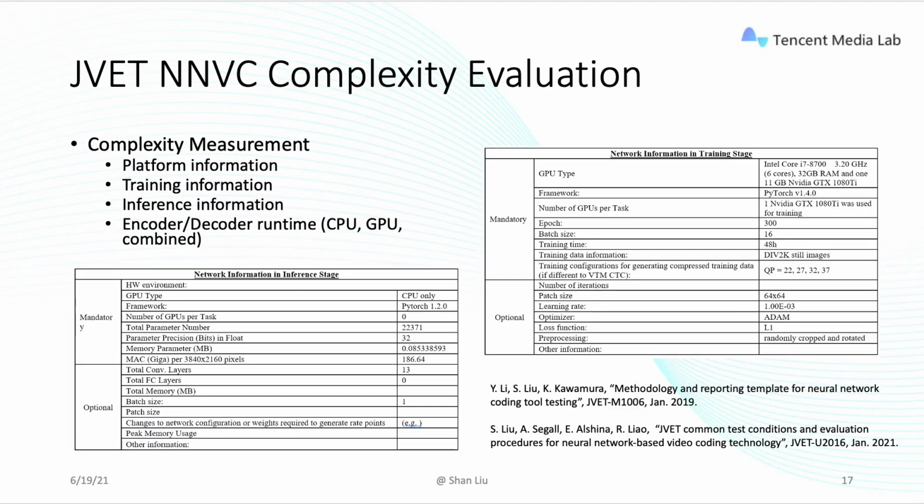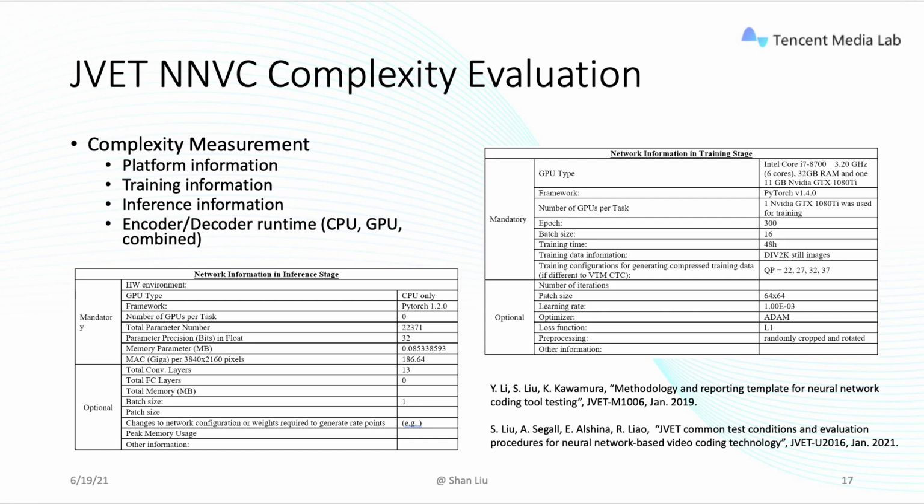Different to conventional video coding tools, neural network-based video compression solutions are typically associated with much higher computational complexity, such as numbers of operations, memory consumption, and bandwidth, etc. Hence, implementation complexity is an important aspect to be seriously considered in standardization, especially if the standard aims to be adopted in future products.